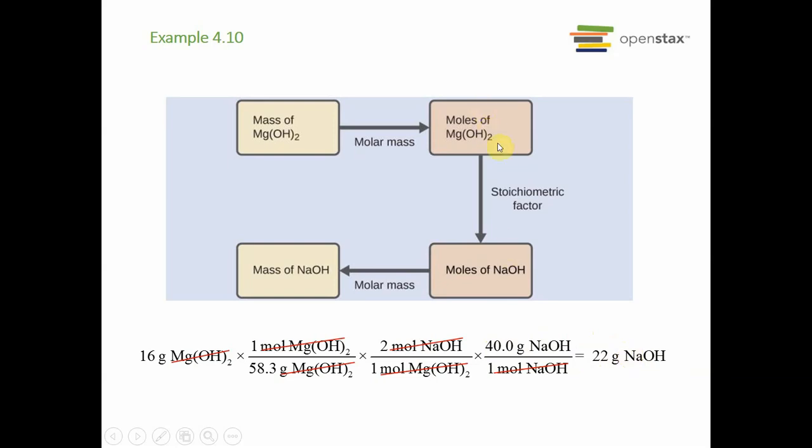So the stoichiometric factor controls the ratio of the moles, but we operate in the laboratory with mass, and so we have to go from mass to moles, use the stoichiometric factor to get moles, and then go from moles back to mass.